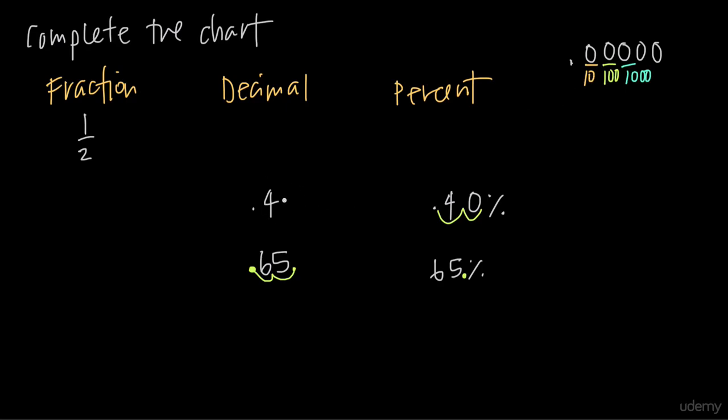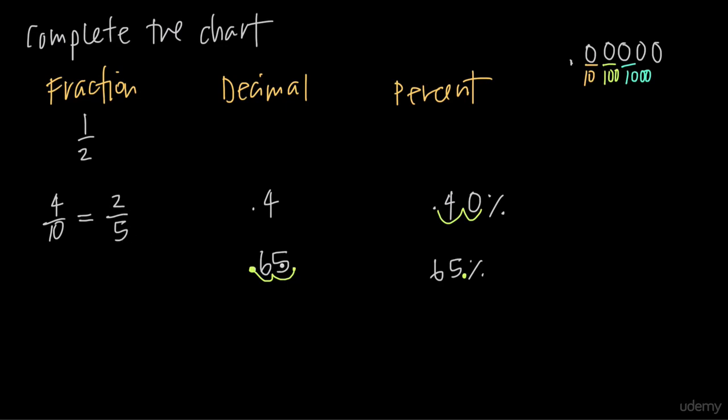The 4 is in the 10ths place here. So I just take my 4 and I put it over 10 because the number ends in the 10ths place. So I say that this is 4 over 10, and then all I have to do is see whether or not I can reduce my fraction. And in fact, for this one, I can divide both the numerator and the denominator by 2 and get 2 over 5. So 0.4 is the same thing as 4/10, which reduces to 2/5.